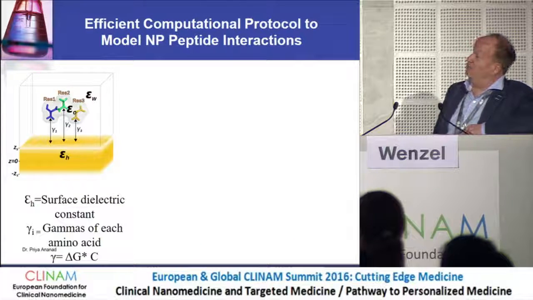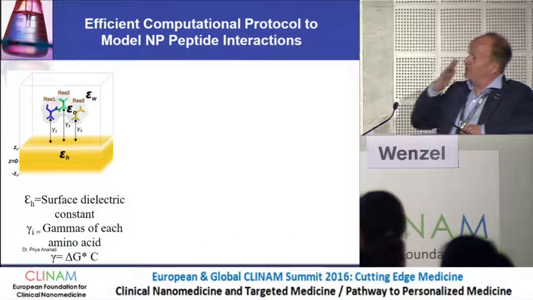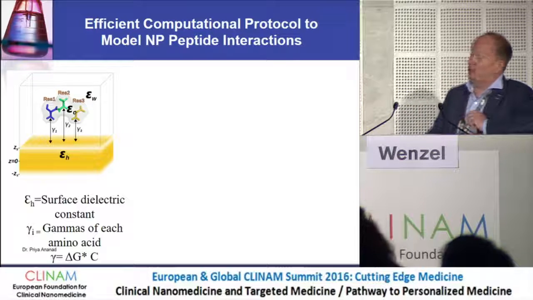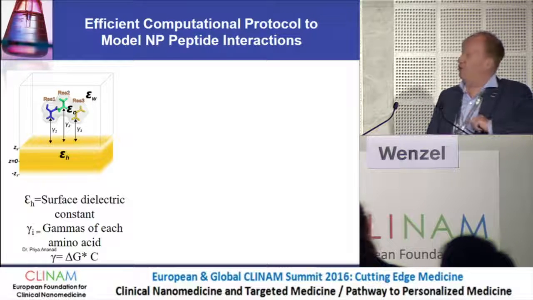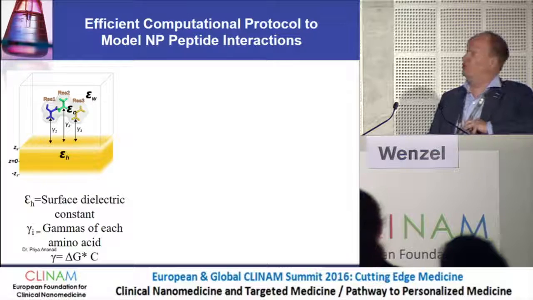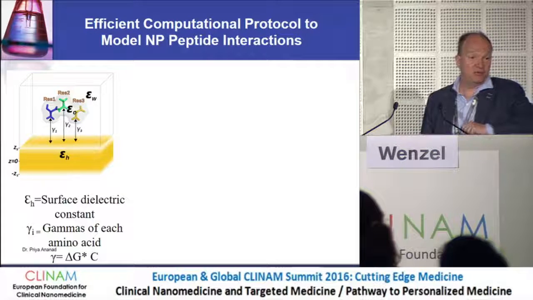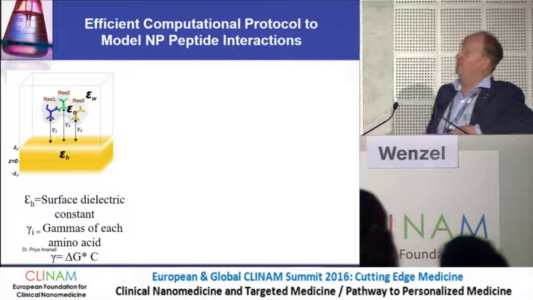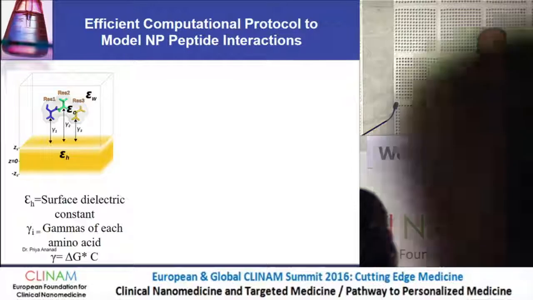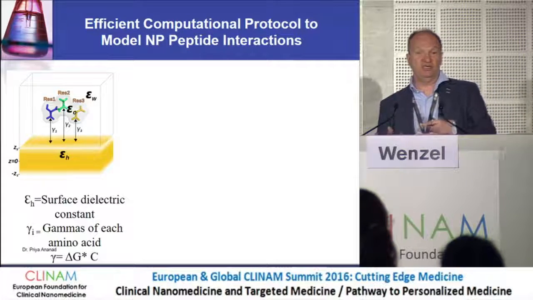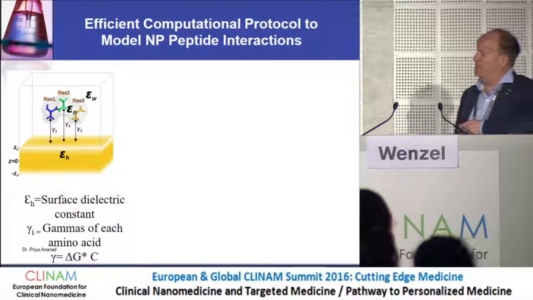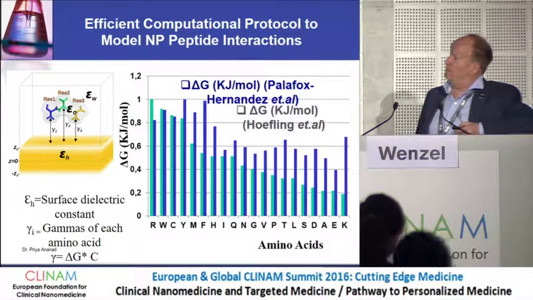And finally, I want to go on and discuss a little bit the functionalization of surfaces of nanoparticles with peptides, which is relevant for biological applications, but also in biotechnology, because increasingly we would like to know which peptides bind to certain nanoparticles, and whether we can design peptides to bind to nanoparticles, right?